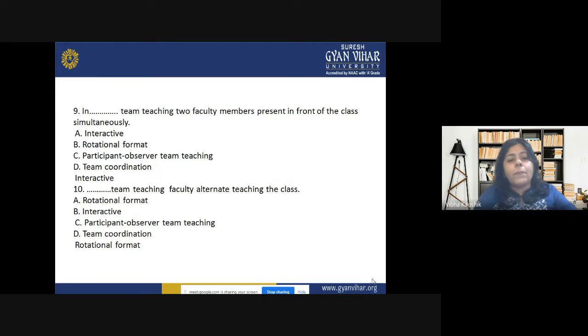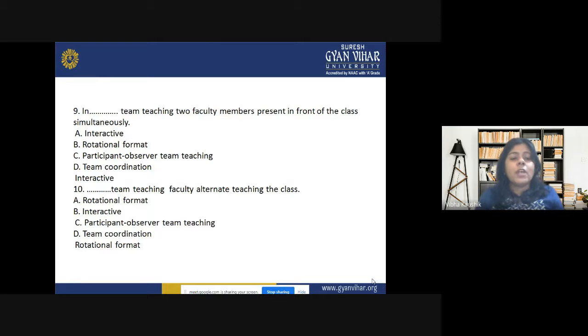Now the ninth one. In dash team teaching, two faculty members are present in front of the class simultaneously. Now, which type of team teaching are we talking about? In that technique, two teachers or two faculty members are present in front of the class at the same time.